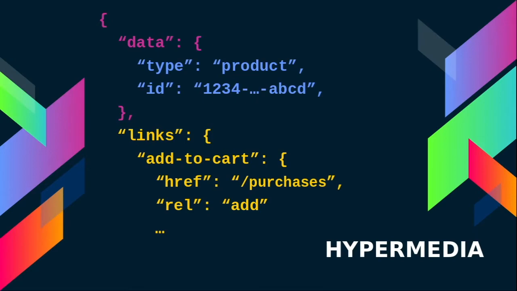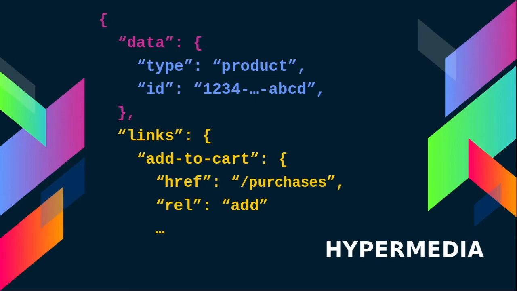So you create the add to cart link, and you say, every time that you send data about a product, also put the add to cart link. And in the add to cart link, you're going to put an href or a URL to /purchases, because you want to purchase the product. And you're going to say that it is a rel type add, which means that you're creating a purchase.